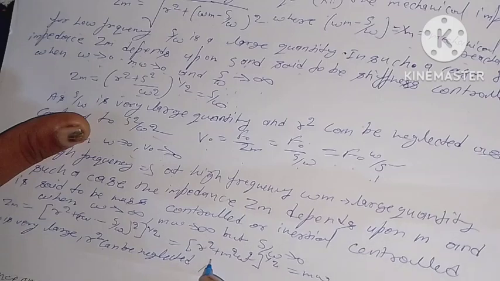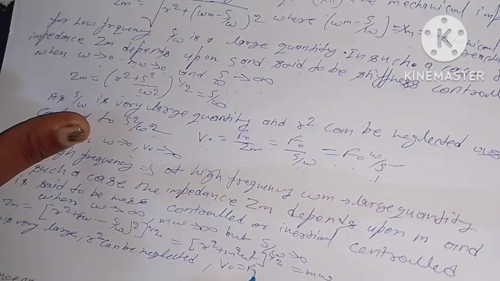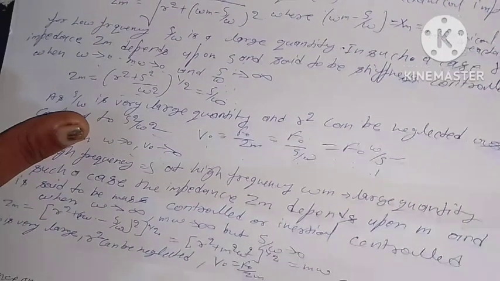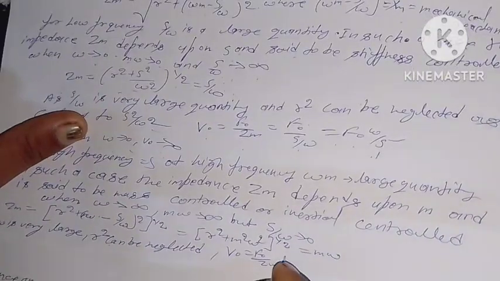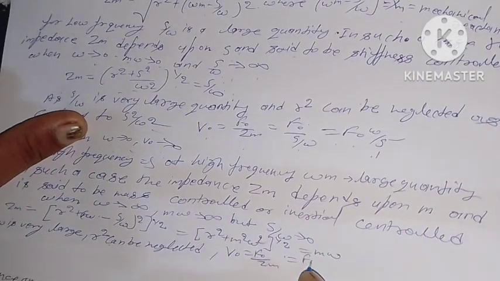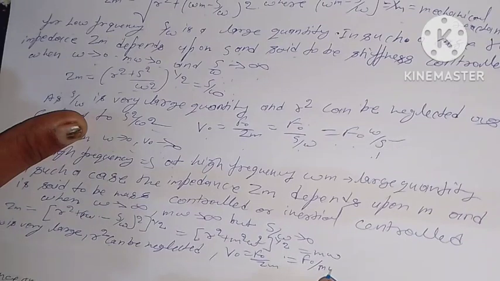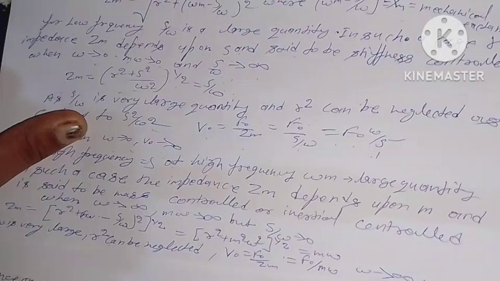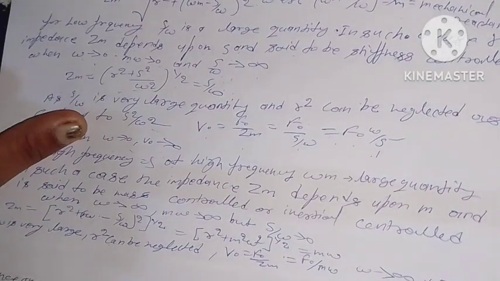Then V naught equal to F naught upon Zm, that is F naught upon m omega. Where omega tends to infinity, then V naught tends to 0.